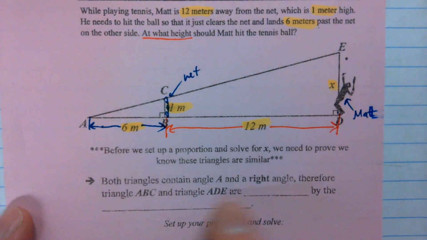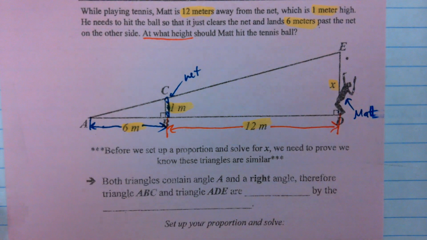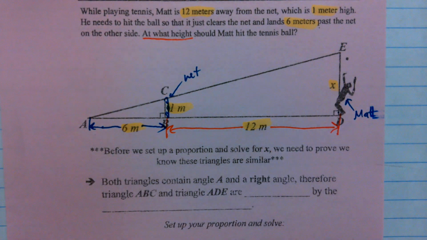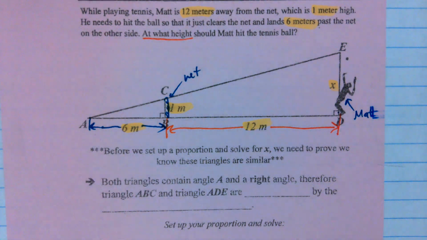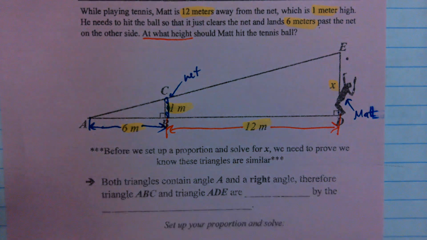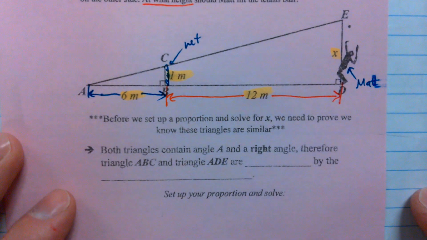So we're going to set up a proportion just like we did yesterday. But first, we want to split our triangles up into 2. Before we split them up, though, we need to make sure, and this is more of a formality than anything, that these are similar triangles.